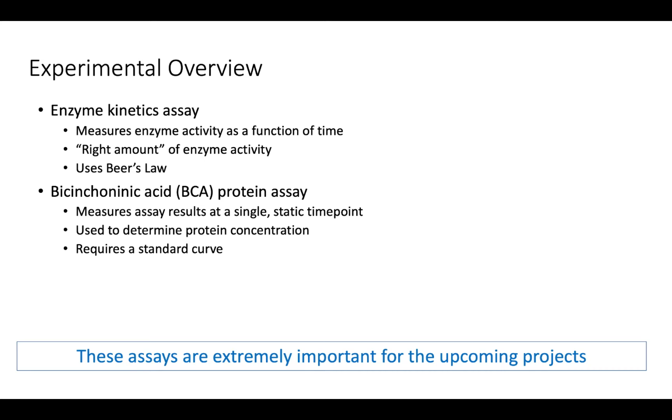So it's the quality and the quantity of the protein that you will be purifying that these assays measure. Very, very important assays. So take your time today to work your way through them, understand them, so when we hit Project 1, they will make a lot more sense.